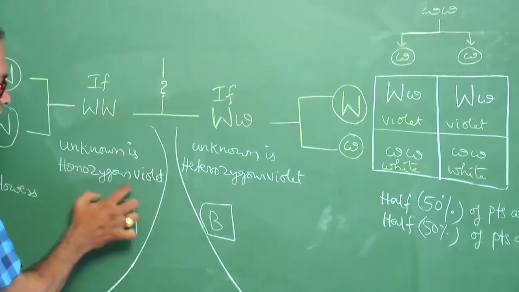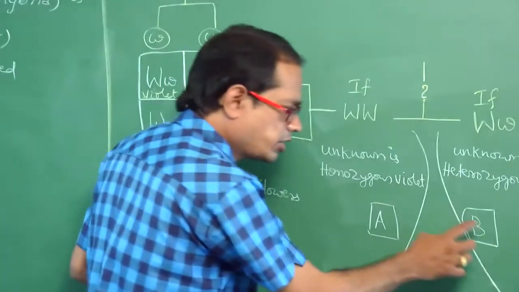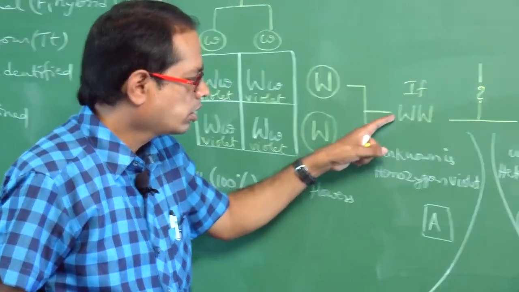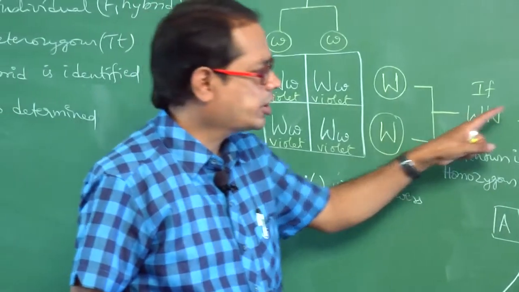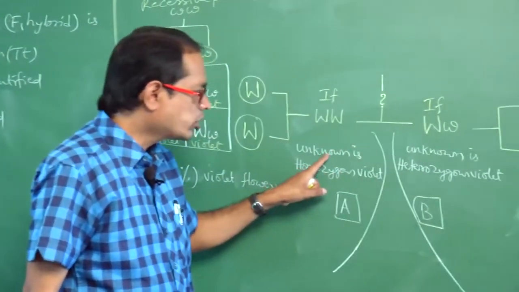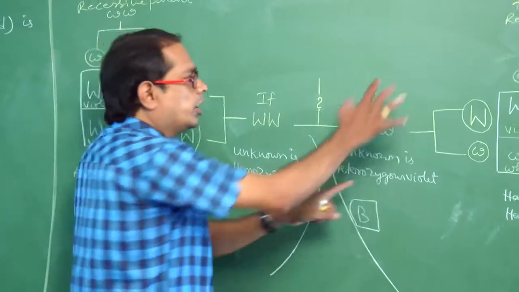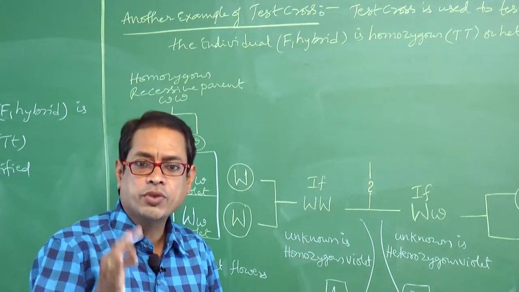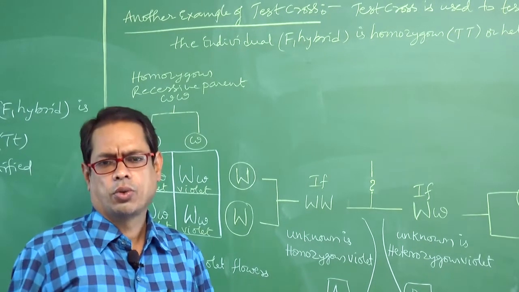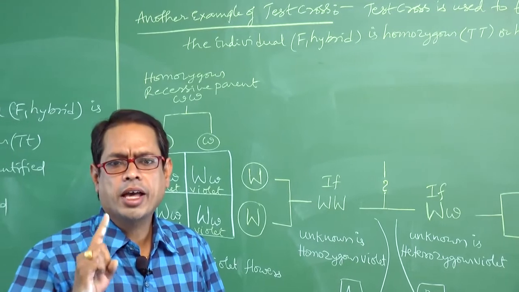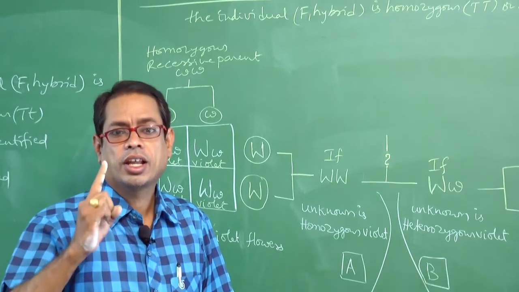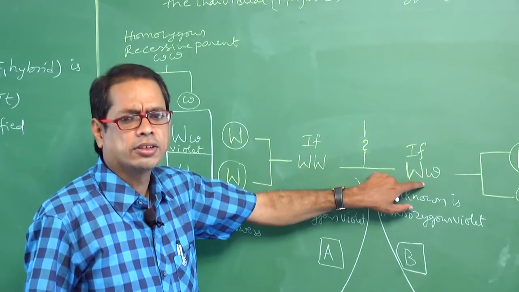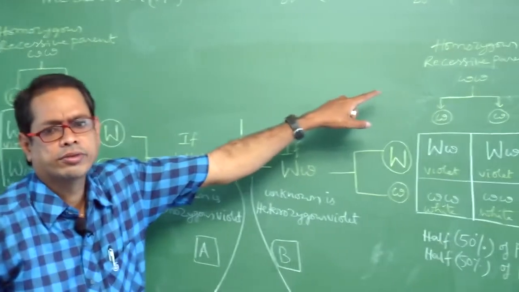Let us suppose this is cross A and this is cross B. Of these two crosses, this is the unknown F1 hybrid. This is homozygous, this is heterozygous. In these two cases, the homozygous recessive parent is the same. Of these two crosses, which one is the test cross? What is a test cross? The F1 hybrid is crossed with a recessive parent. This is F1, this is F1, and that is the homozygous parent.